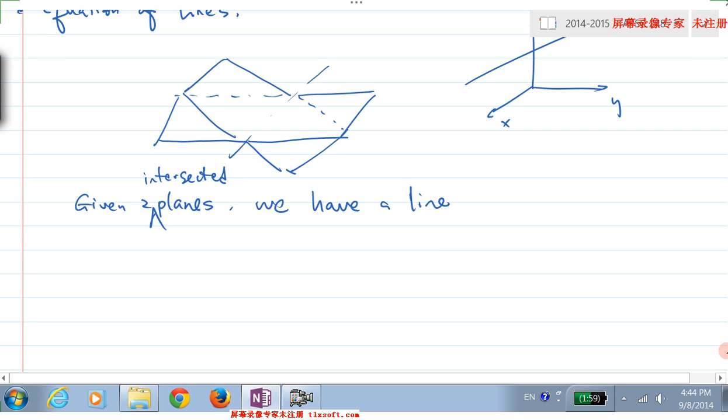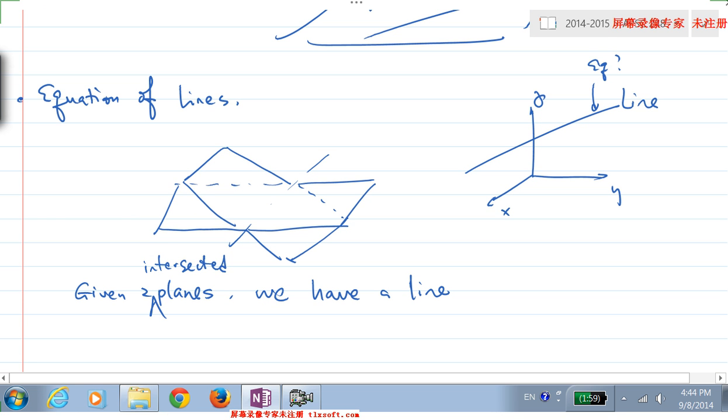The alternative approach makes use of this concept. Let's say I have a point x, y, z here, and assume this point is going to move along this line. At this time instant it's here, at the next time instant maybe it's here, or here. So for this particular point P, which represents position, each one of the coordinates x, y, z is going to be a function of what?